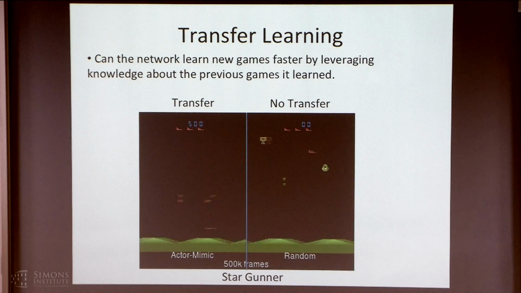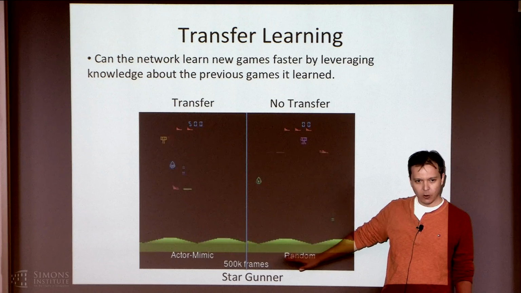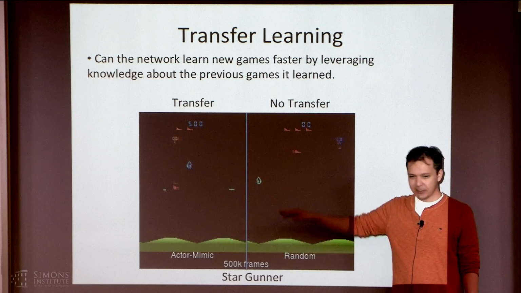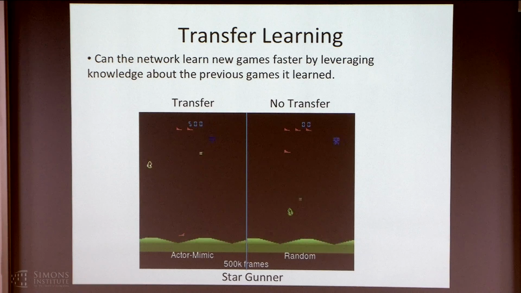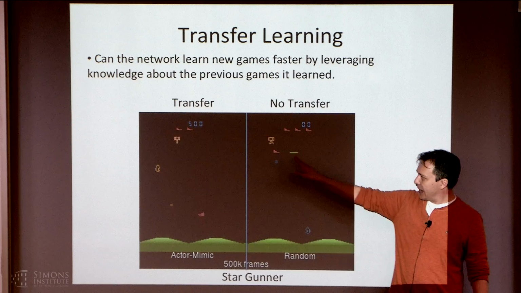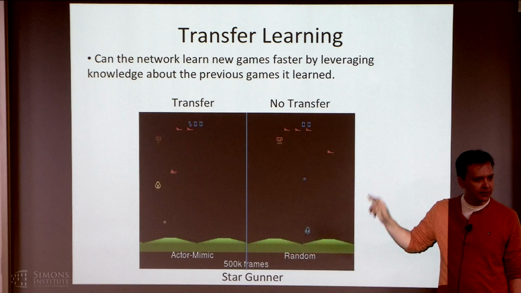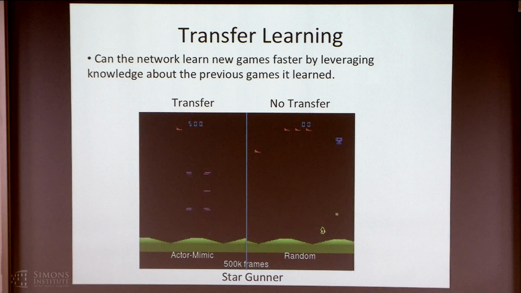As opposed to a model that's just completely ignoring all the previous games. So this model is basically learning that if there are things moving at you, shoot them, right? That's kind of what the model learns. Whereas the model that just starts has this persistent action and shoots once in a while, so you're still learning about the whole environment.